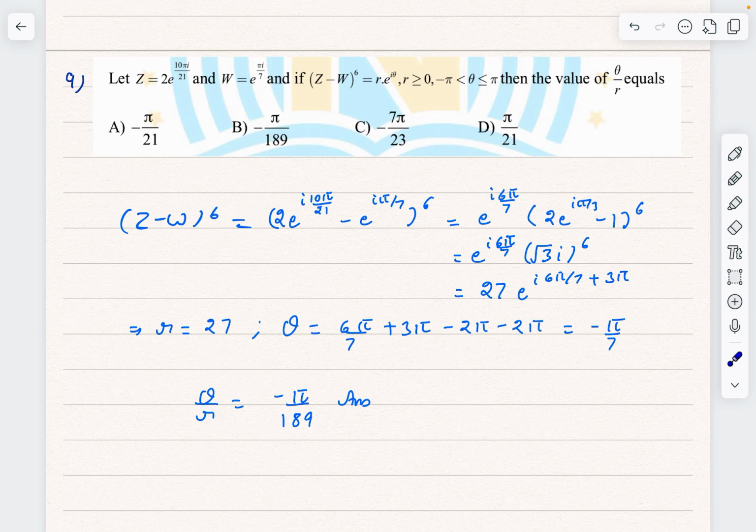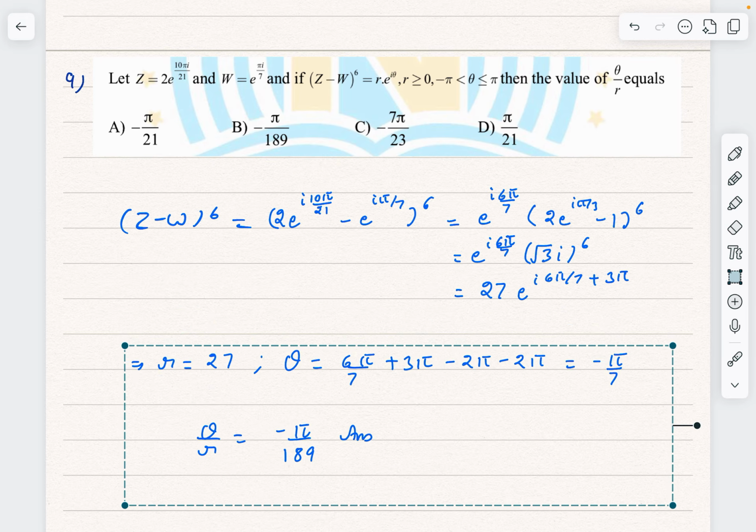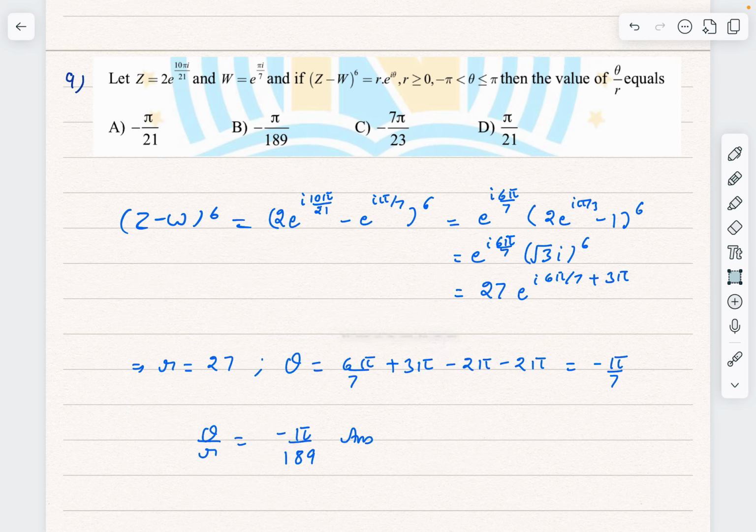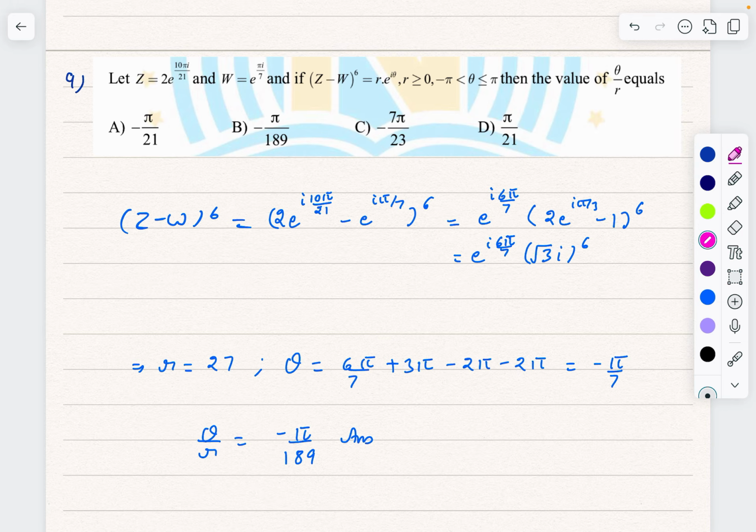Okay, and this root 3 iota, we can just write like this. Basically, root 3 iota to the power 6 will be minus 27. You get minus 27 e iota 6 pi by 7. But the r value has to be positive.